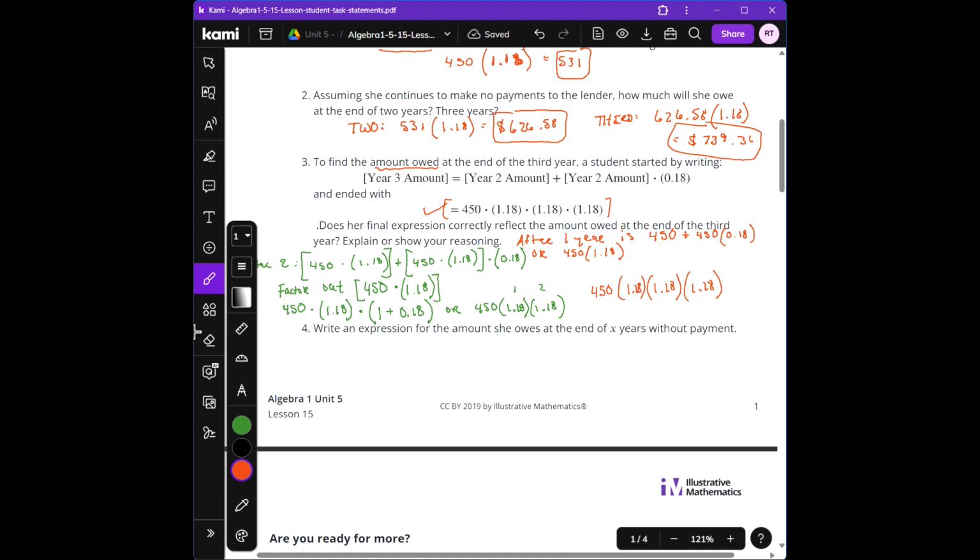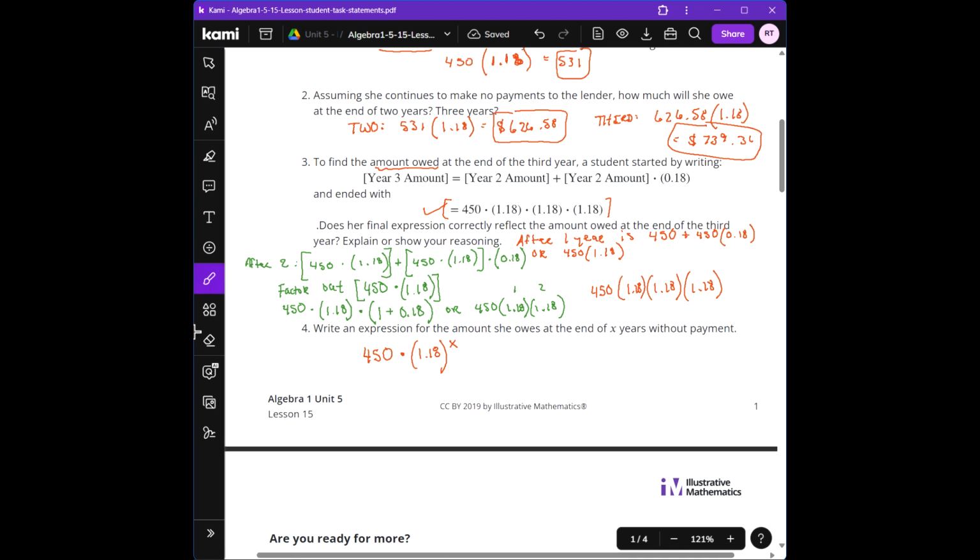Write an expression for the amount she owes at the end of x years. We have 450, that's the start, times 1.18, which is our factor, raised to x for the number of years. Similar to questions we've looked at before.